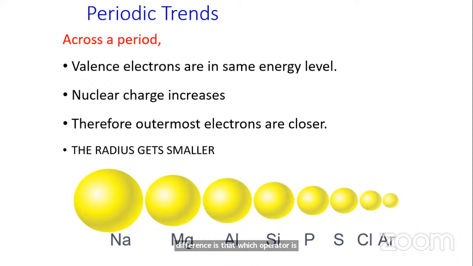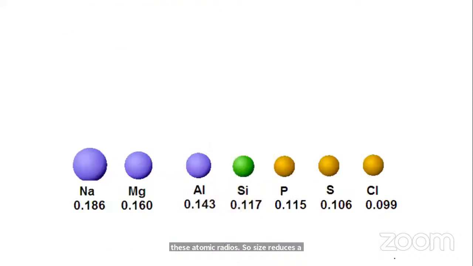So in that case, the increase in nuclear charge is the dominant factor. And that implies that as we go across the period, there is a reduction in size. The nucleus pulls the valence electrons closer to itself, and so the radius gets smaller. So across the period, there is a reduction in atomic radius. So size reduces across the period and size increases down the group.